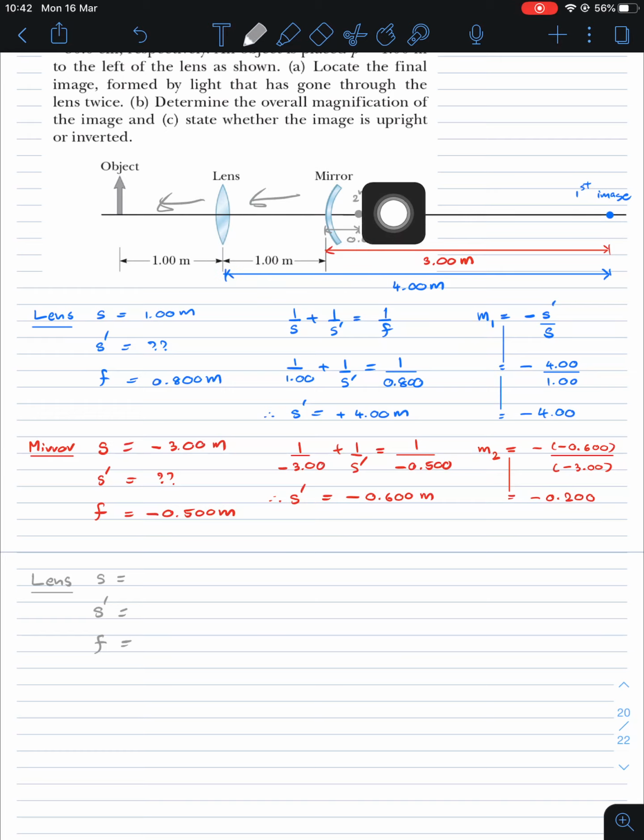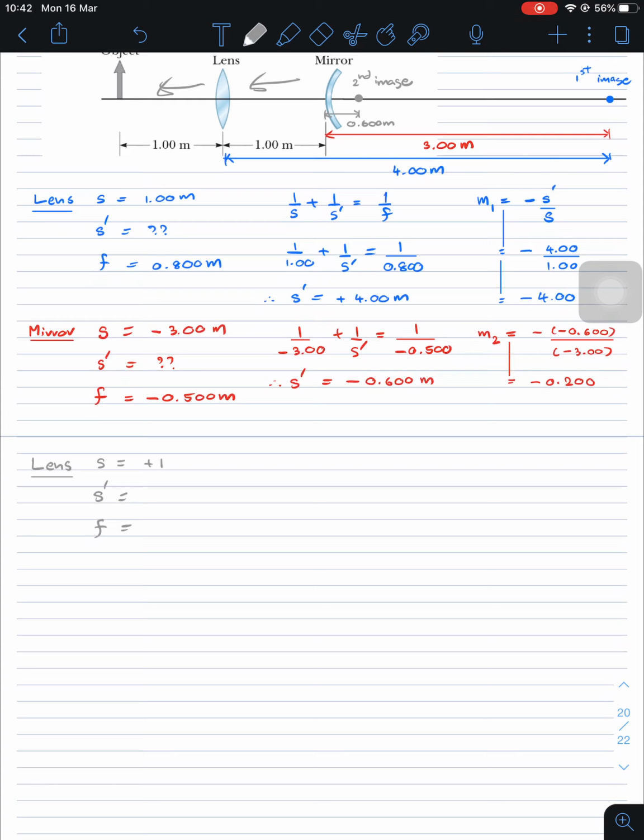The object is on the same side as the incident light, so the object distance must be positive. From this to this is 1 meter, and from this to this is 0.6 meter, so the object distance is 1.6 meter. So we have plus 1.60 meter here.